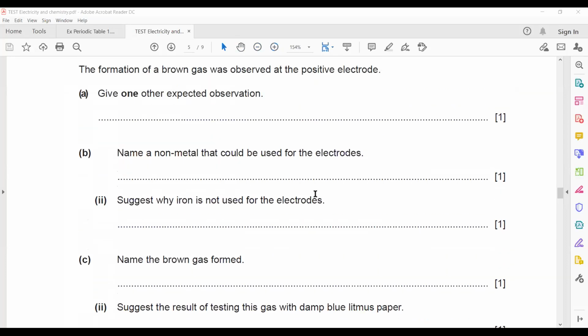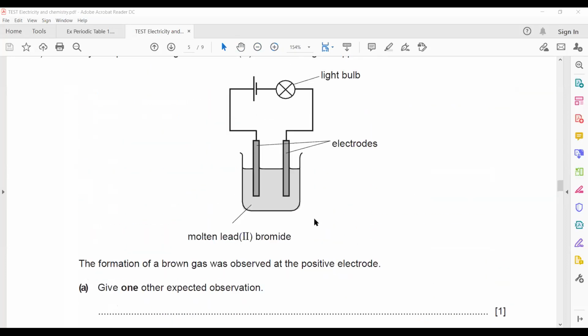Suggest why iron is not used as an electrode, because iron is a reactive metal. It will react. We always prefer to use a less reactive metal as an electrode, such as platinum or an inert non-metal, which is graphite.